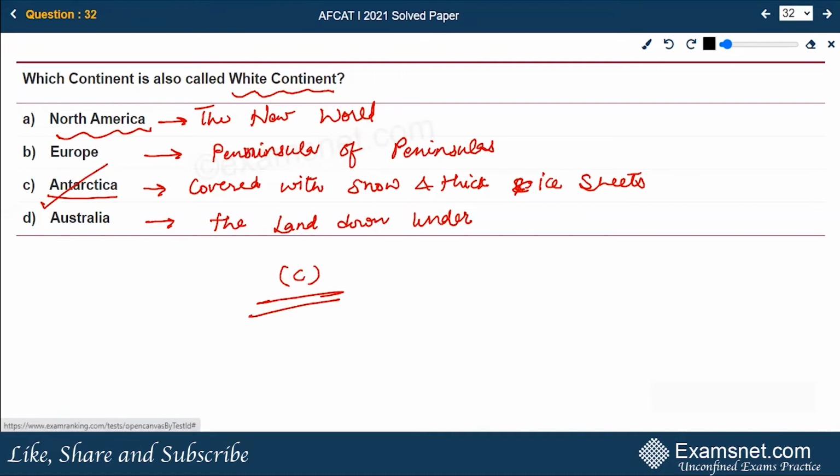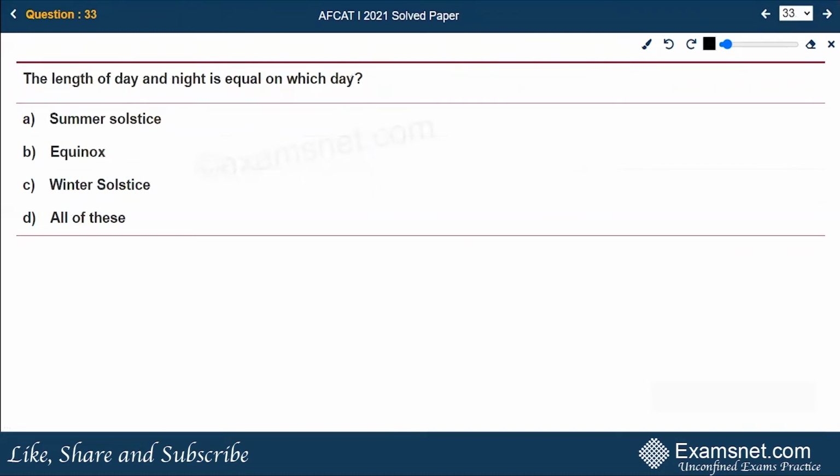Next, question number 33. The length of day and night is equal on which day? The length of day and night is equal on equinox. It is commonly regarded as the time when the plane of Earth's equator passes through the geometric center of Sun's disk.